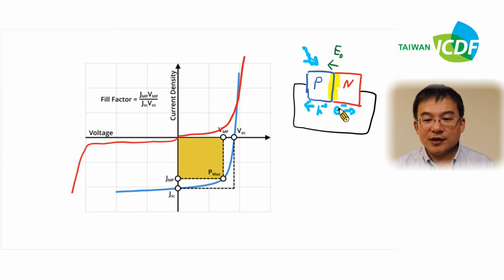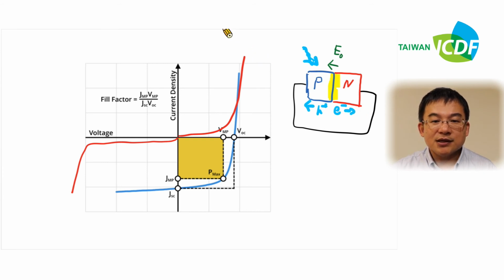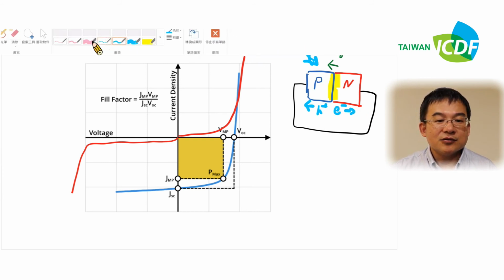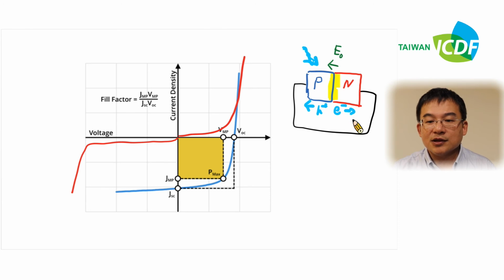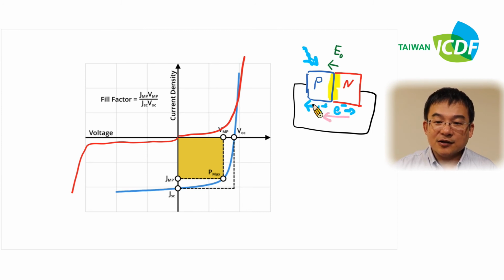If the electron goes to the N side, it means the current goes from N to P. And for the positive charge going to the P side, it also means the current is this way. So if we short the p-n junction, there will be a photocurrent.